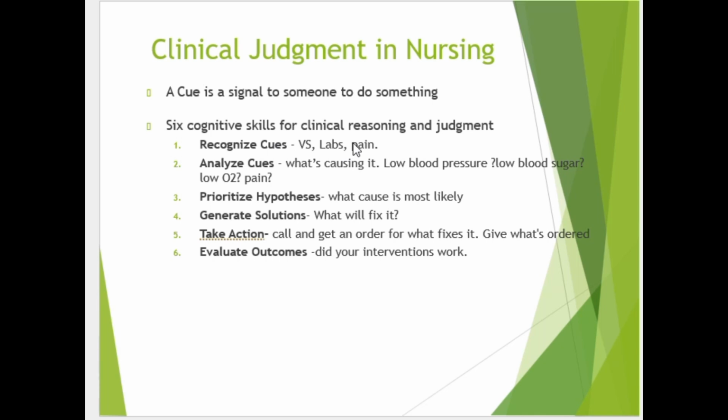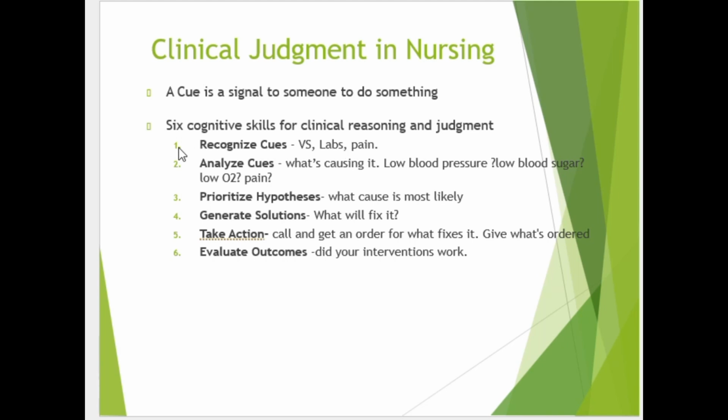All of these things have to be considered and noted. So you need to recognize what the cues are before you can even think about them, right? So you got to know that you should be looking at your labs, your vital signs, pain level, going in and assessing the patient's level of consciousness, those kind of things.